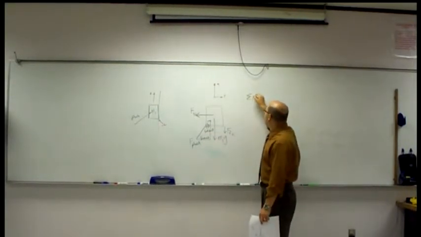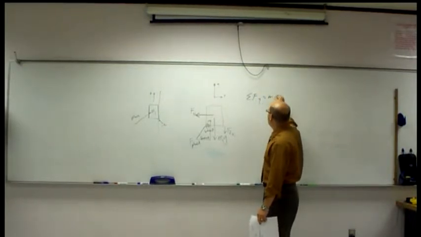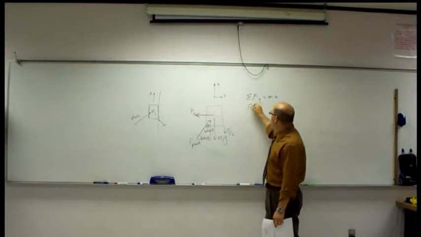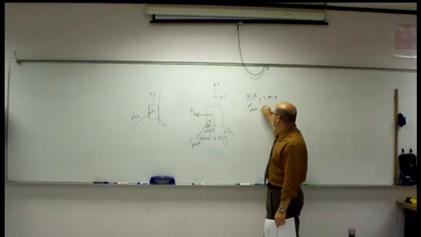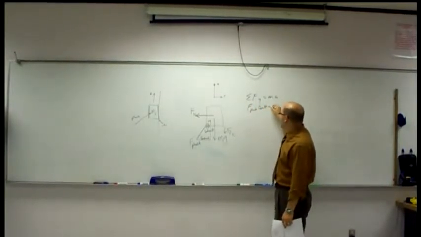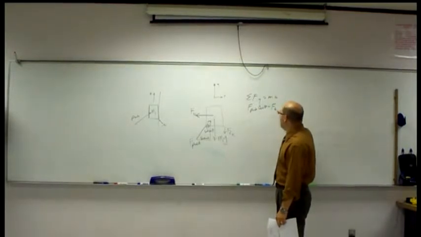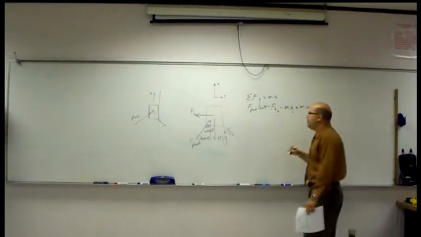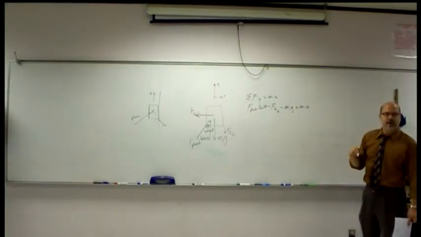If we're going to write the sum of the forces in the Y direction equals MA, then that's going to be F push cosine theta minus force friction kinetic minus M1G equals MA.